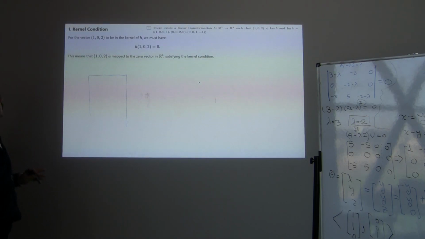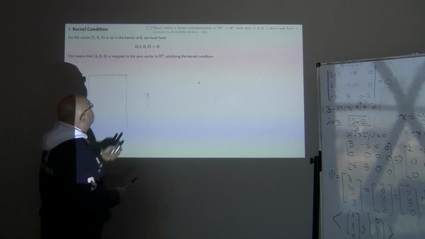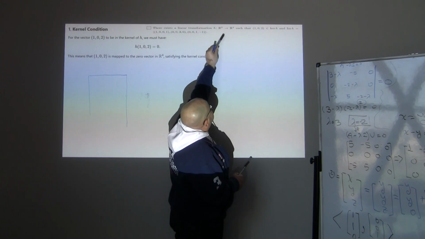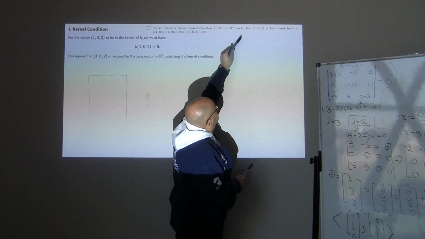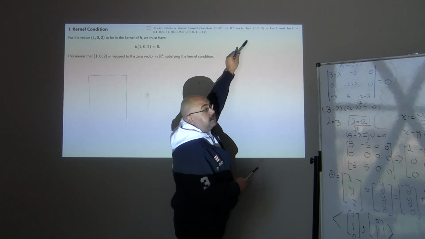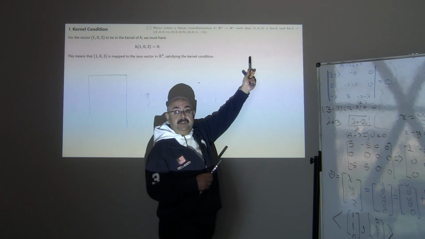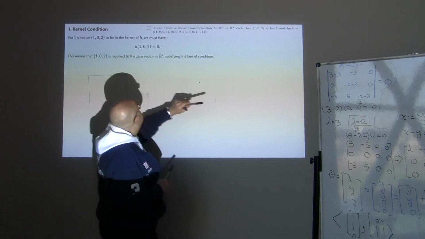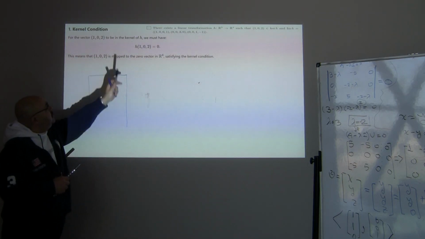The first step: he is asking if there exists a linear transformation H from R3 into R4 such that 1, 0, 2 belongs to the kernel, so I will have to check first if 1, 0, 2 belongs to the kernel of H, and if it exists, the image is given by this set of vectors.